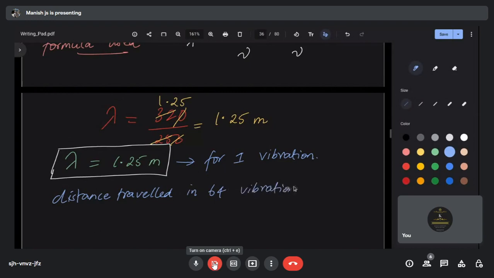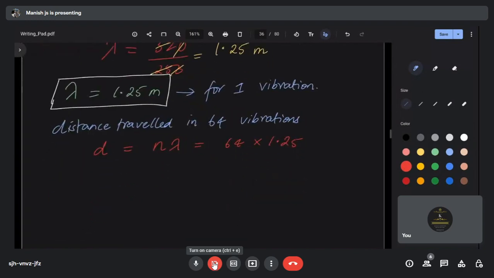So what is the distance if you calculate? So d is equal to n into lambda, which is 64 into 1.25. 64 into 125 by 100.